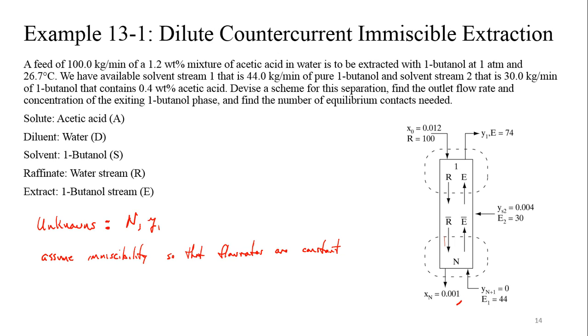So that means we need operating lines for both above and below where the solvent feed comes in. And for our purposes, we'll label anything that's above where the solvent comes in with our usual symbols, R and E for raffinate and extract. Below, we'll use a bar over top, just kind of like what we did with distillation.